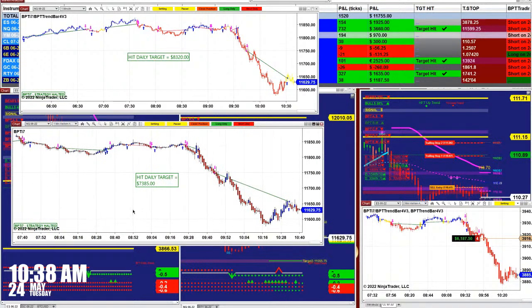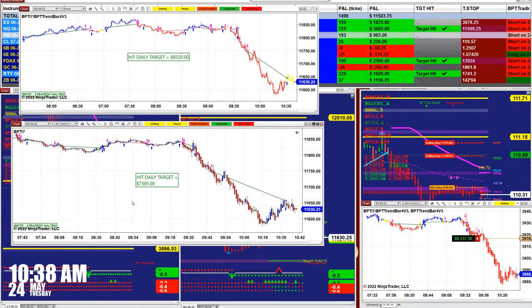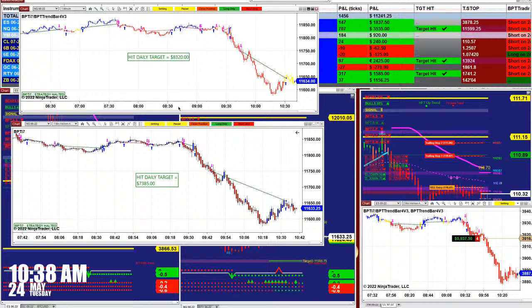This one here has a filter, and it is 7,385, and this one doesn't have a filter, it's 8,320. Now, it does not mean that because this one made 8,300 and this one made 7,300, the 8,000 is better. No.